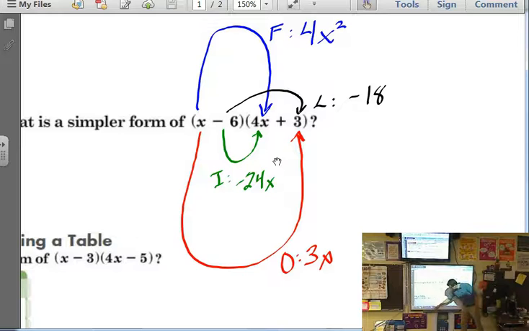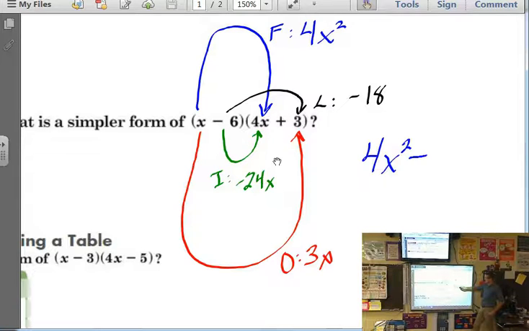When I put this all together, Scarlett, what's that come out to be cleaned up? 4x squared plus 21x.